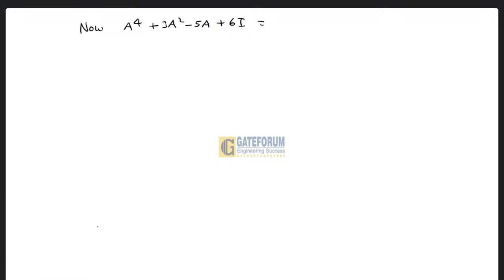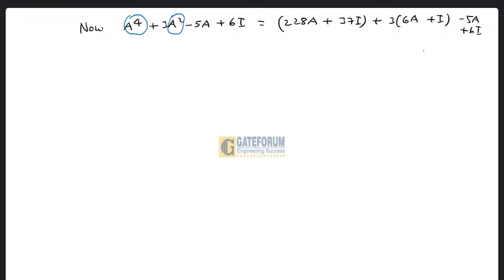So this A power 4 is from equation 2, and this A square from equation 1. A power 4 is 228A plus 37I, plus 3 times A square, that is 6A plus I, and the remaining same, minus 5A plus 6I.